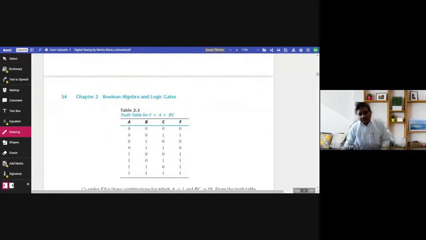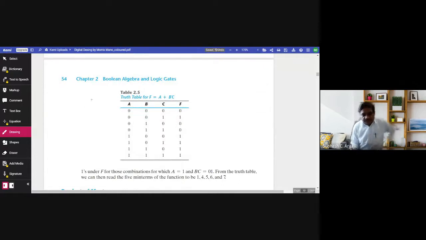This is the truth table of F is equal to A plus B bar C. This is the function and these are three variables, so A, B, C, all combinations are represented from 0 to 7. 2 to the power 3 is equal to 8, that is why 8 combinations.